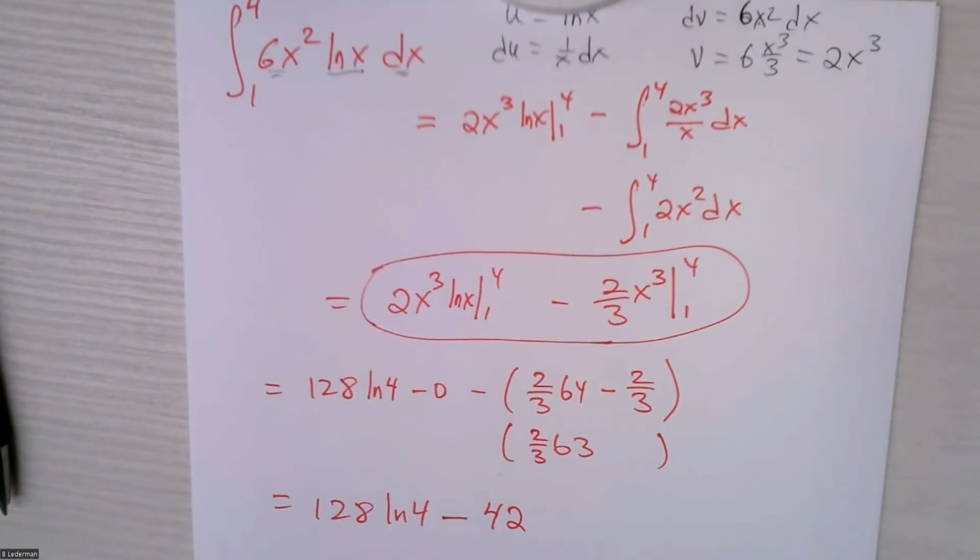Ln of 4 times 128, and then minus 42 is 135.4. So it's approximately 135.4. But I'm happy if you just say this. Either way, it's been loads of fun.